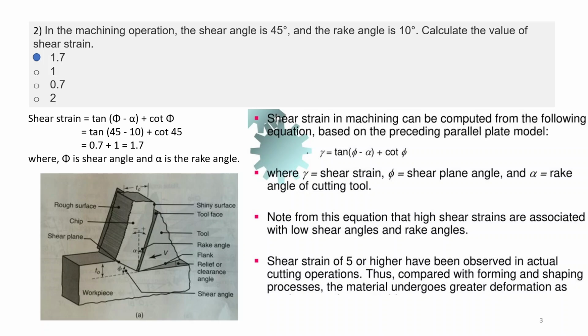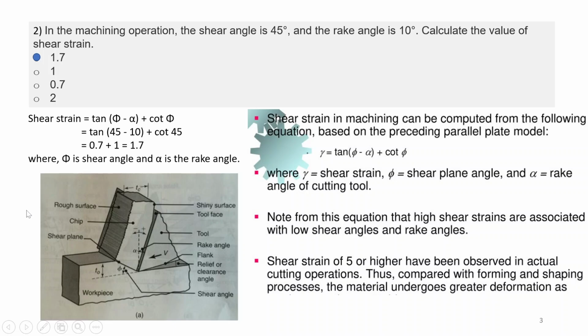The formula used is tan(phi minus alpha) plus cot phi. Here phi is the shear angle and alpha is the rake angle, and both angles are already given, so you just put these values in this formula. So tan 35 plus cot 45 will be 1.7.